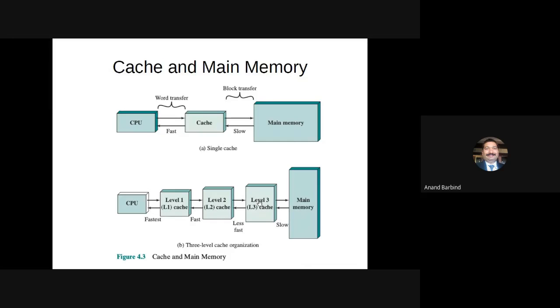Even if it is not there, the block is always available in the main memory, and from main memory it will be taken into level 3, then level 2 and level 1, so that it will be available to the CPU. So this is how the three level cache organization works in many of the processors.